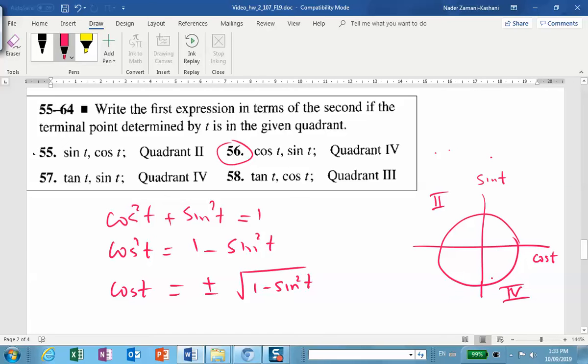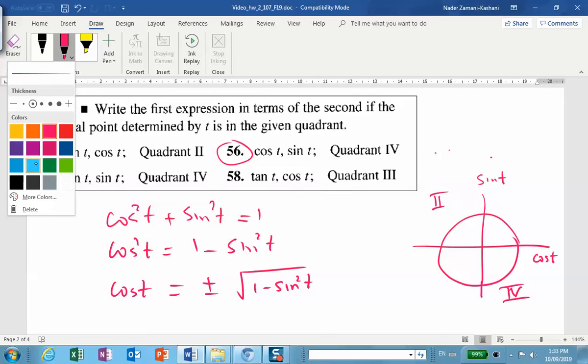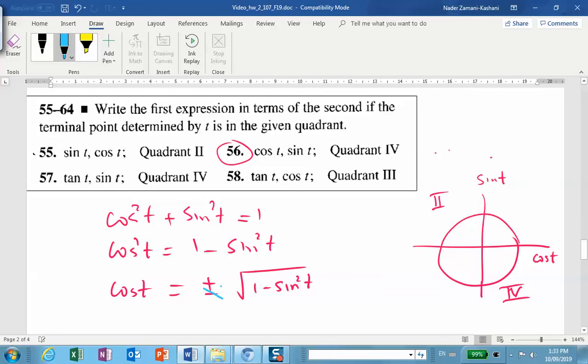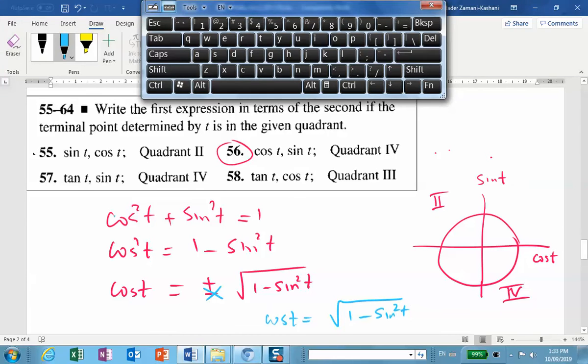Now, the very fact that you're in quadrant 4 means that cosine is a positive number. So once again, do not take the negative sign. So cosine of t is equal to square root of 1 minus sine squared t. Okay, that takes care of this problem.